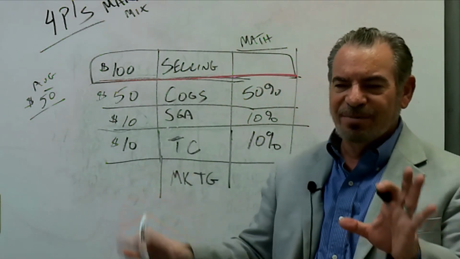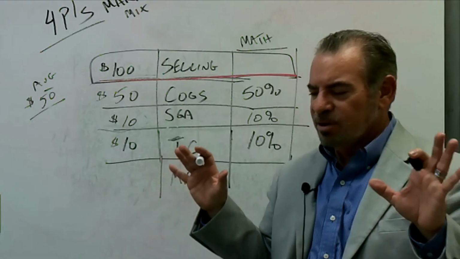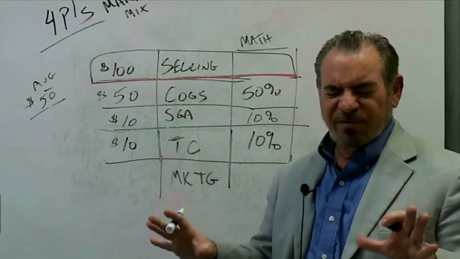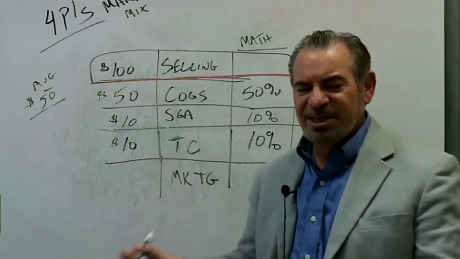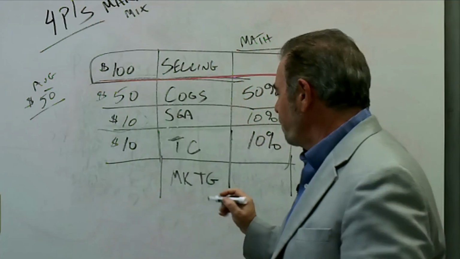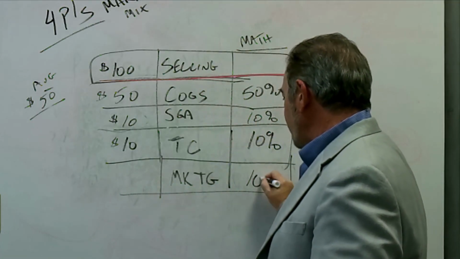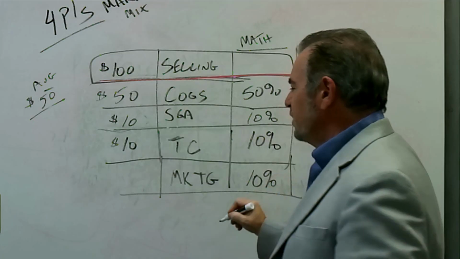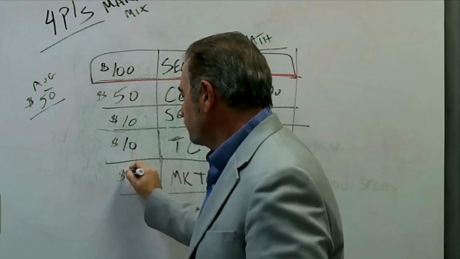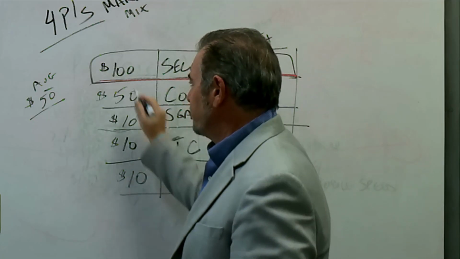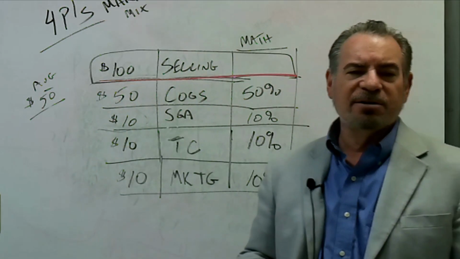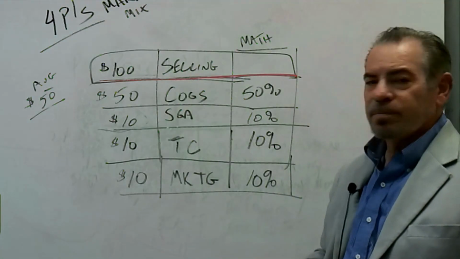Again, this is not a finance sheet. This is just a rough estimate, a rough calculation, so I can see if I'm going to be profitable or not. I don't like this number, I want it to be higher, but I'll put 10% in there as a placeholder. 10% of the selling price of $100 is $10, right?